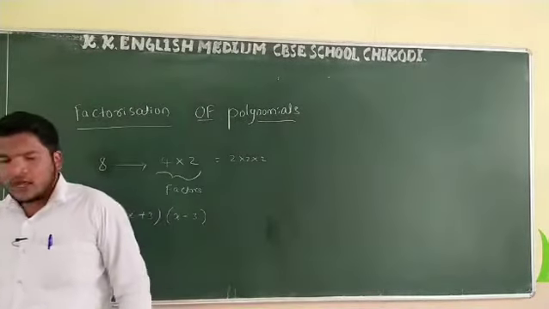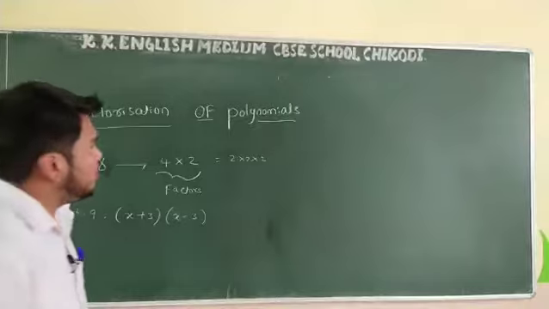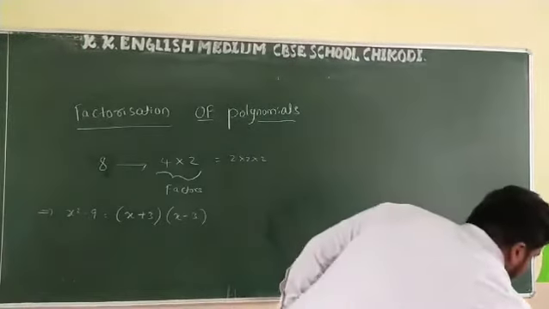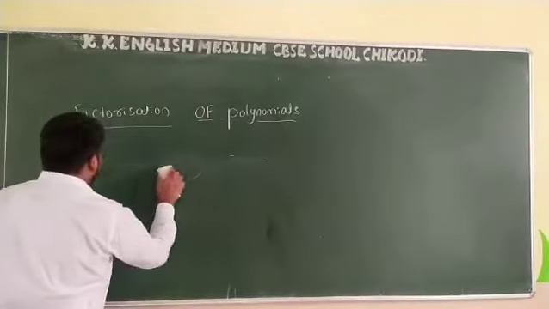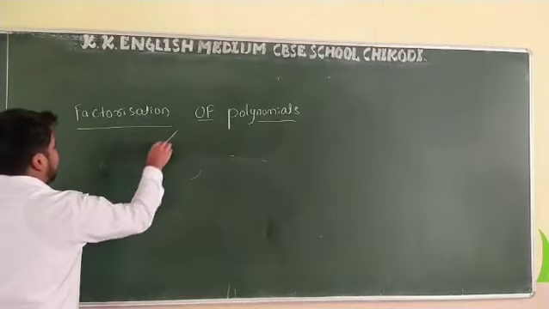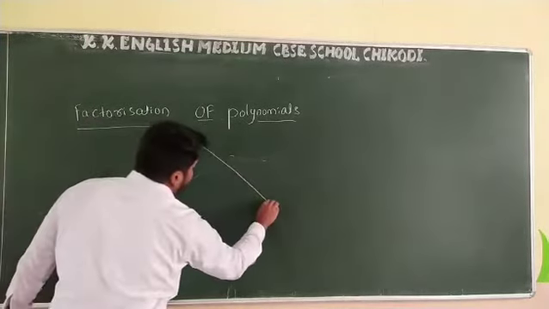Factorization of polynomials is classified into two types. The first one is by splitting the middle term, and the second one is by using the factor theorem.